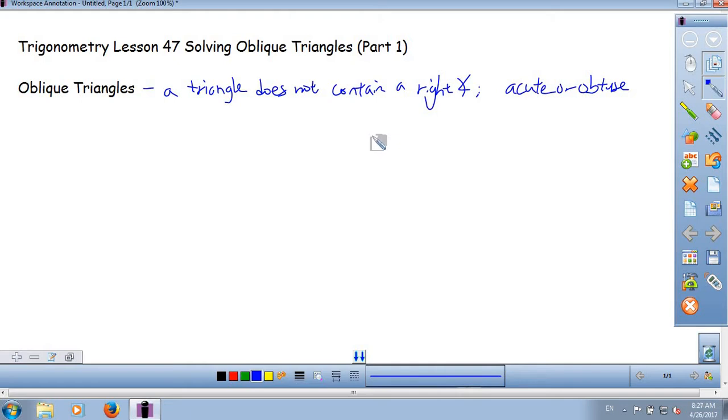And what do we mean by solving an oblique triangle? Well, in general, we did solving right triangles before. Now we're solving oblique triangles.